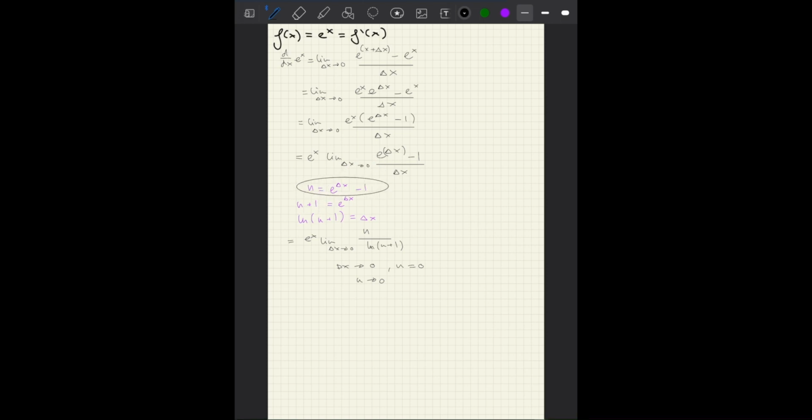Or actually all of them, but this one is the clearest, where e to the power of delta x, when delta x equals 0, e goes to 1 minus 1, that's just 0. Alright, so this can be written as e of x times the limit as n approaches 0 of n over the natural log of n plus 1.